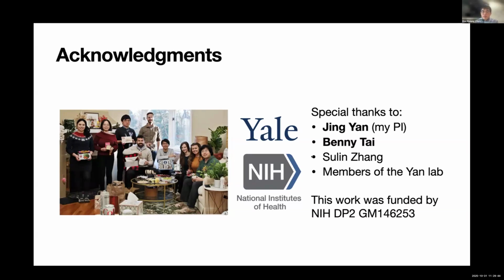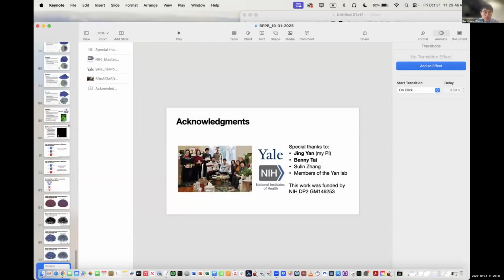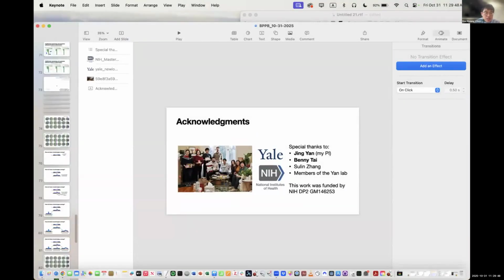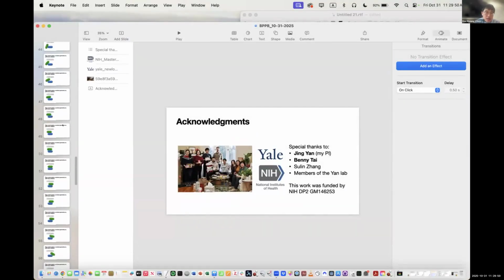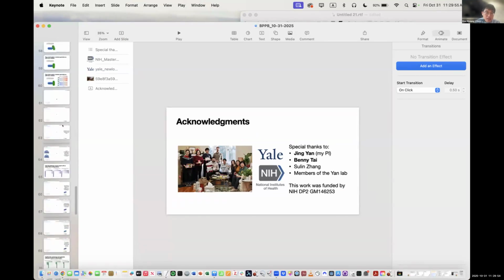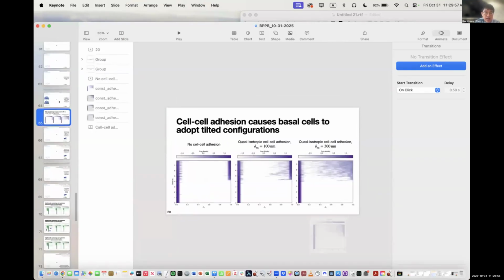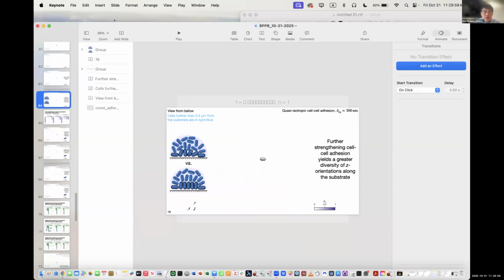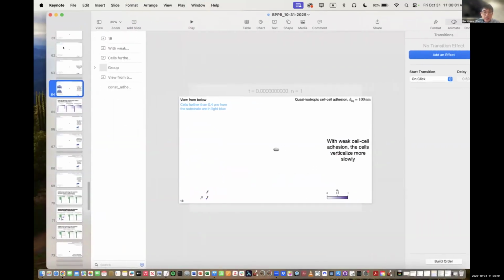So that's a very good question. Something that I did not necessarily show in the schematic, but that does happen in the simulations, is that it's a rather complicated process.